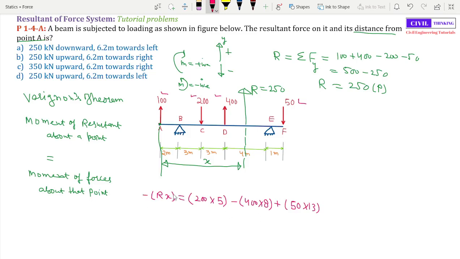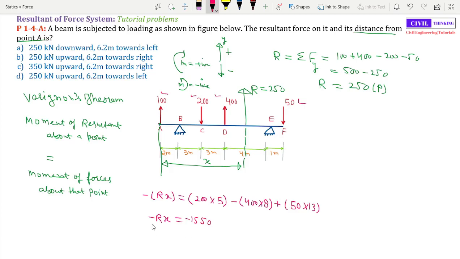So this is Varignon's theorem. Now let me use a calculator. We will get negative Rx is equal to 200 multiplied by 5 minus 400 multiplied by 8 plus 50 multiplied by 13. It is negative 1550.